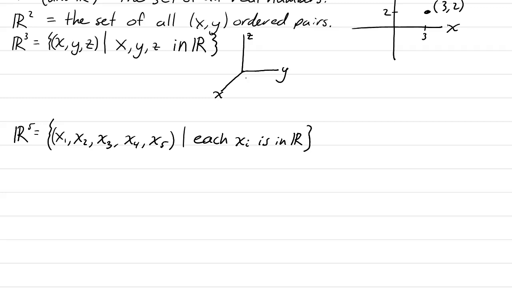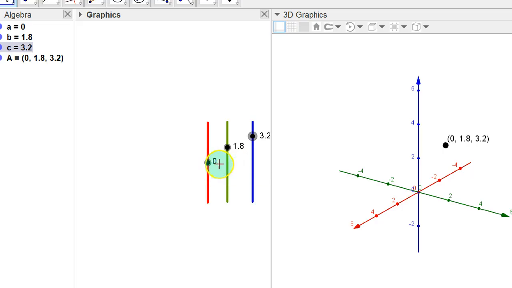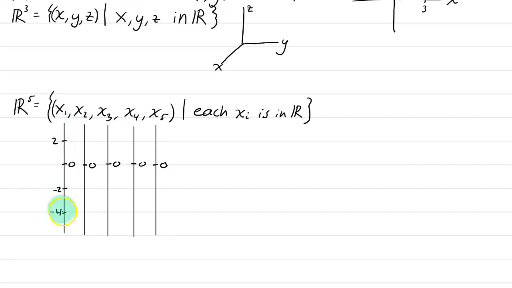A way that works well for me is to think of it as a collection of 5 different number lines, kind of like how in this picture over here, you had these 3 different number lines to represent R3. But we can't draw the 5 different things all perpendicular to each other like this, so we'll have to settle for just the sliders.